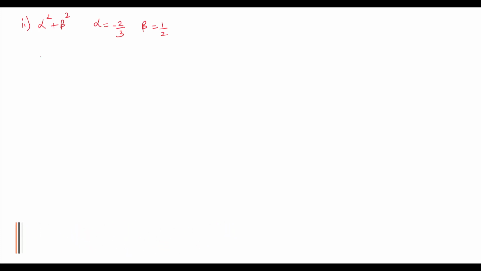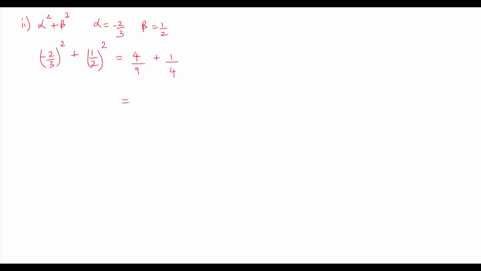So substitute alpha as minus 2 by 3 in this. So minus 2 by 3 whole square plus beta square is 1 by 2 whole square. So from that we'll get minus 2 whole square is plus 4, 3 whole square is 9, 1 square is 1, 2 square is 4.